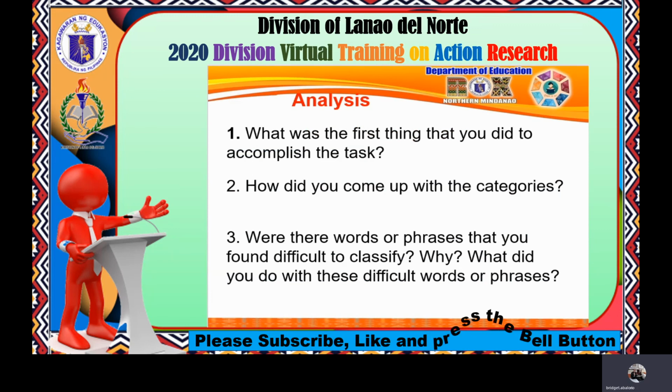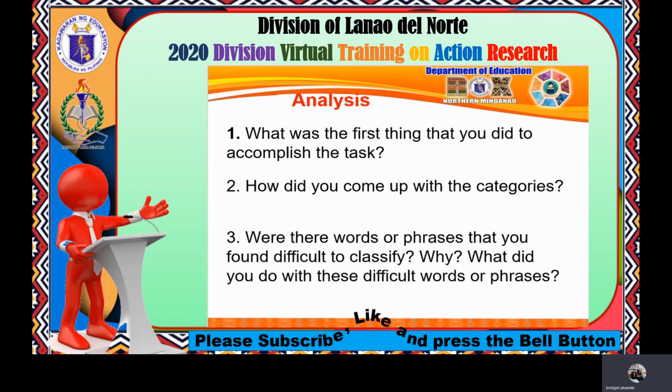So let us have the analysis of the pre-discussion activity. First question: What was the first thing that you did to accomplish the task? Second, how did you come up with the categories? Third, were there words or phrases that you found difficult to classify? Why?